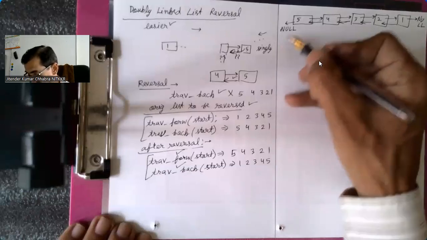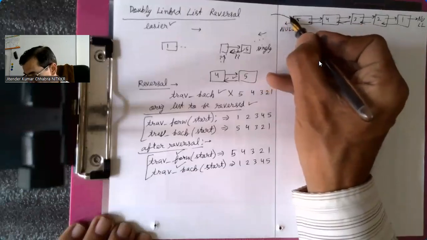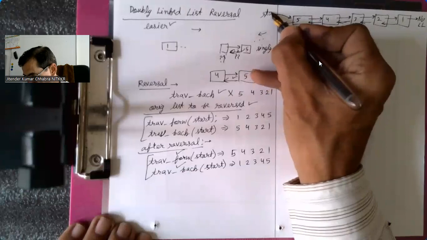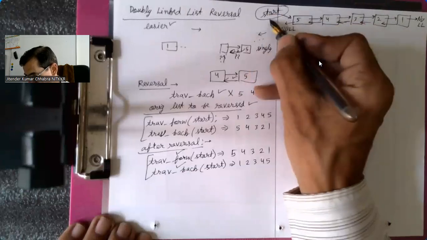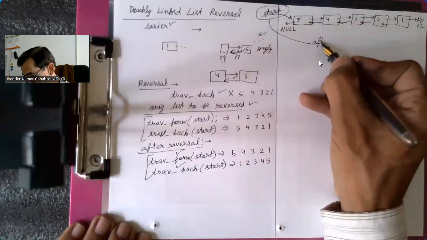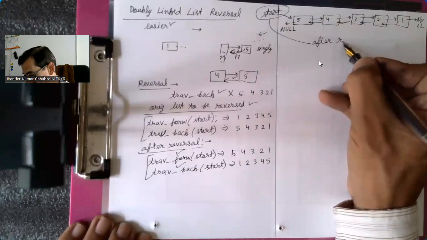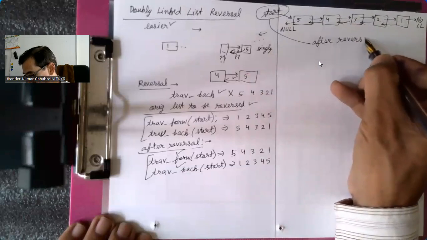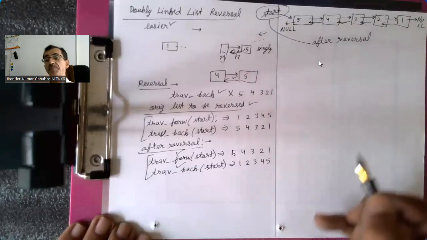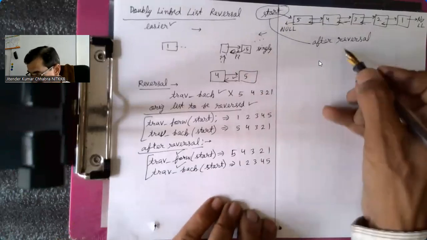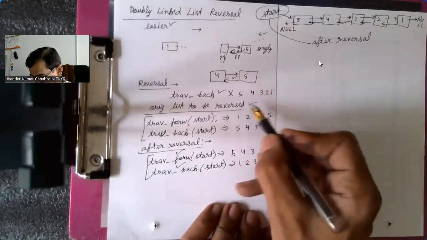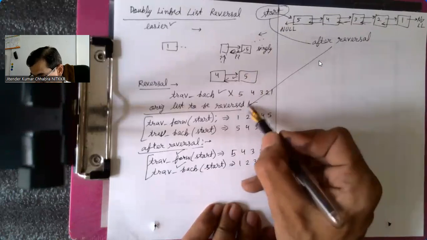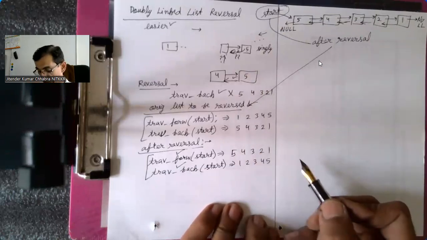So this should now become the updated list, and this should be the start after reversal. The same start must reach this particular point. If I want this, it effectively means my original list is to be reversed. Only then will this all happen.